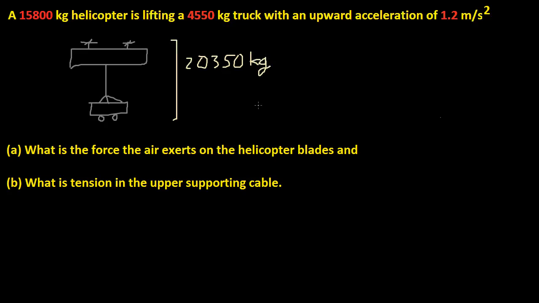Okay, now let's figure out how much force the air exerts on the helicopter blades. Well, it says this whole system is going upward with an acceleration of 1.2 meters per second squared, which means the rotors and the blades have to move faster so that more air is pushed down so it can go up faster.